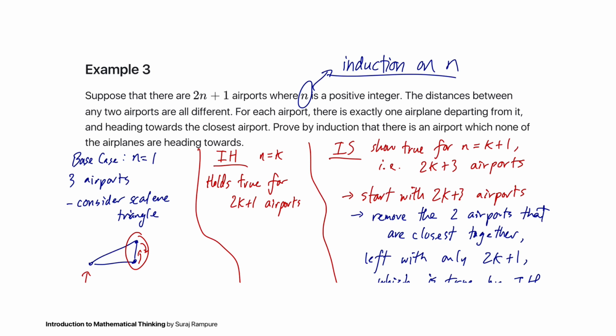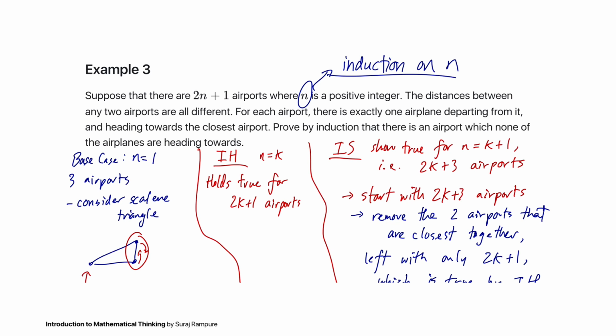So I know an initial concern will be, doesn't it seem like you're assuming the thing you're trying to prove? But we're not assuming that the statement holds true for 2k plus 3 airports, right? We're just assuming that we have 2k plus 3 airports. We don't necessarily know that there will be one airport left over. We don't know that yet. We're just starting with a collection of 2k plus 3 airports, saying that by definition, 2 airports have to be closest to one another.